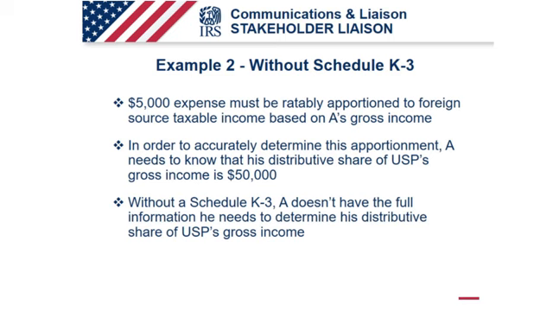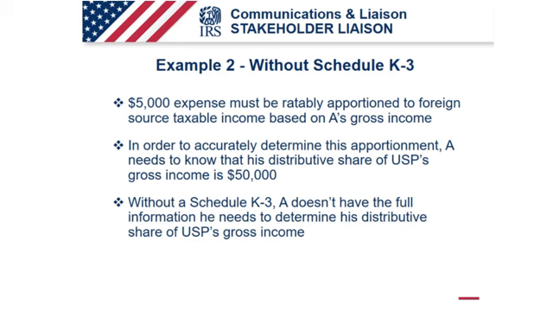Now, because this $5,000 of expense is going to be ratably apportioned to foreign source income based on the proportionate amount of foreign source to total gross income, in order to accurately do this apportionment, A needs to know their distributive share of USP's gross income. They need to know that that's $50,000 of U.S. source income so that they can do this proportionate apportionment correctly.